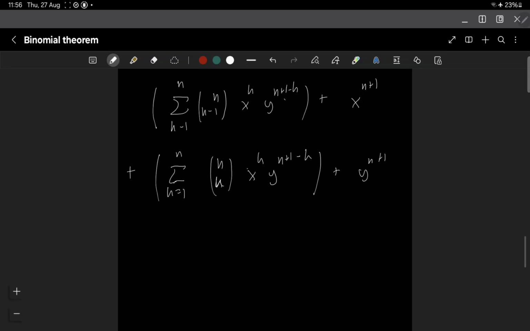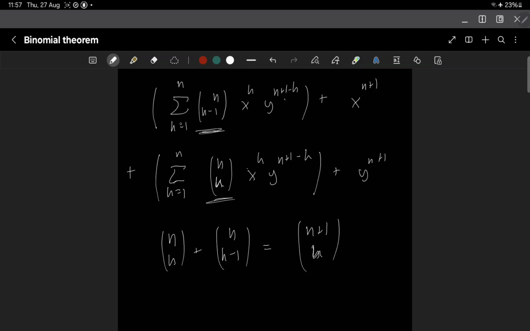Okay, now what I can do is, from the last video, if you remember, we proved that n upon k plus n upon k minus 1 is equal to n plus 1 upon k. This is called Pascal's identity, and I have exactly this here, right? K equals 1, right? I have the same sum over here, but I have different coefficients. I have n over k plus 1 and n over k. But I can use this identity to write these two as n plus 1 over k.